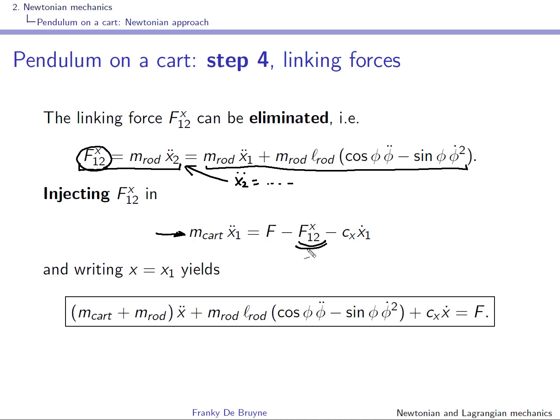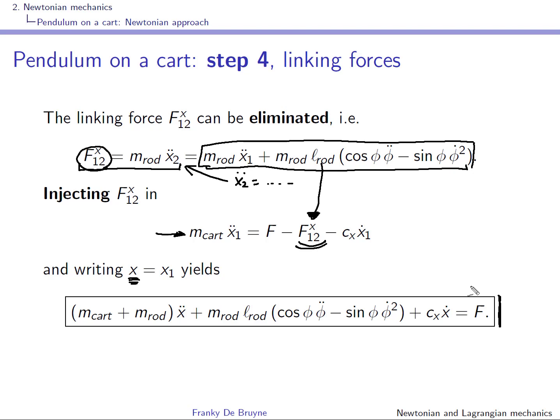This is what we're doing, right? We're going to eliminate it, and we are going to replace this linking force by this thing here, and then it's just a question of writing it down properly, and instead of using x1, I'm just going to write it as x. It's our degree of freedom, and when you do that, you already have the first equation.